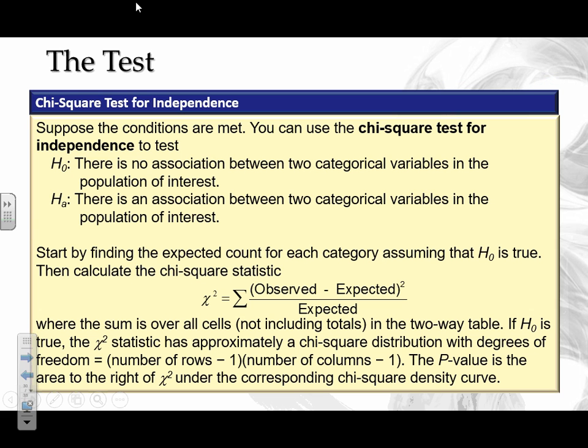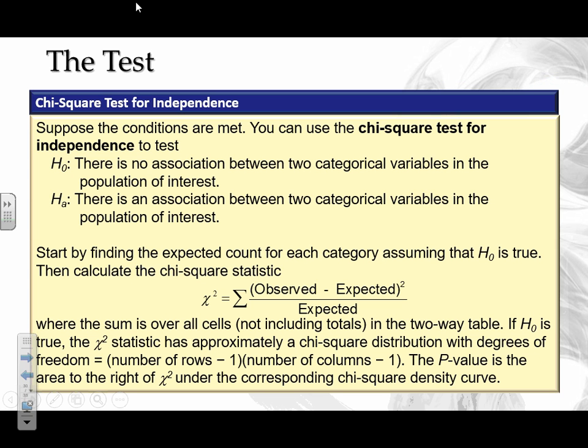On another point, they might say, here's the two-way table, find the specific component of the statistic. So you would actually have to take the specific cell, find its expected count, subtract, square it, divide by expected to get the actual component. When they ask for that component of the chi-square statistic, they're asking you for one specific calculation on the cell.